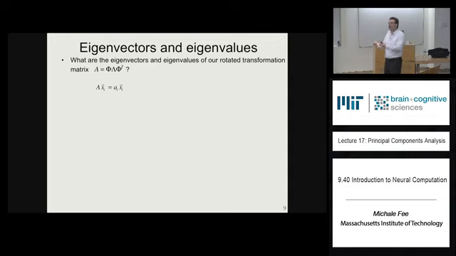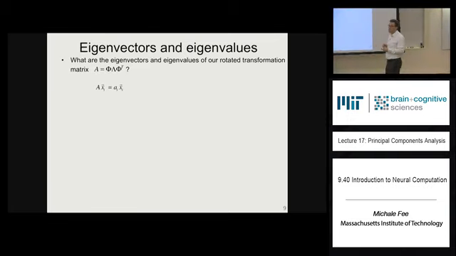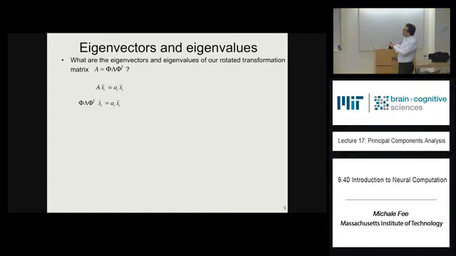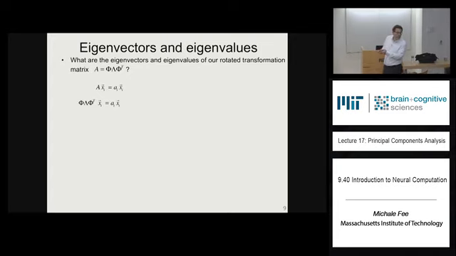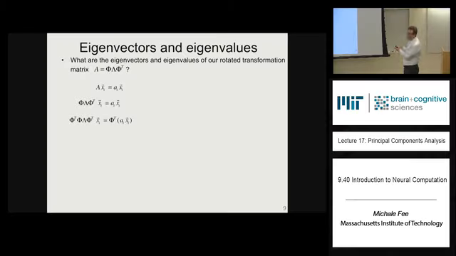So we're asking what the eigenvectors are of this matrix A that we've constructed in this form. What we're going to do is replace A with this product of three matrices, and multiply this equation on both sides, on the left side, by phi transpose. So phi transpose times this is equal to lambda, x sub i, times phi transpose on the left.